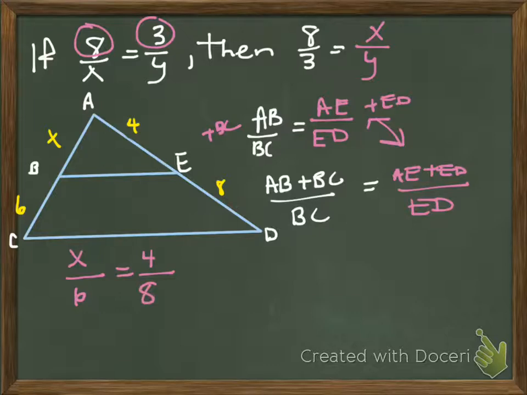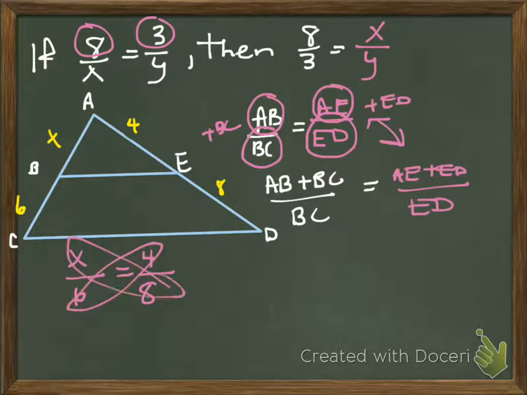So essentially all I did was I took these values here and plugged in what I knew. And that allows me now to solve for x. If I wanted to solve for x, you're still going to do your cross multiply and divide deal, but algebraically, like I showed you the other day, we're going to end up with 8x is equal to 24. If I divide both sides by 8, I get x is equal to 3.